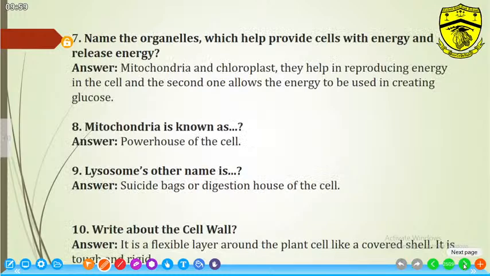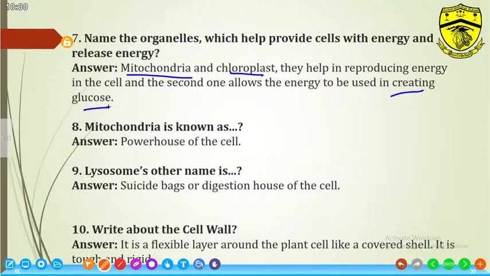Next one, name the organelles which help provide cells with energy and release energy. You know that the mitochondria and chloroplast help in producing energy in the cell, and the second one allows the energy to be used in creating glucose.